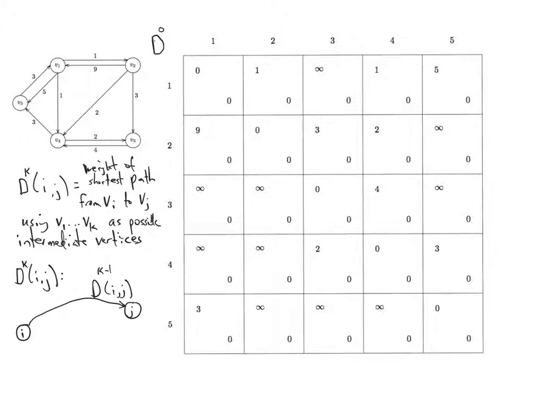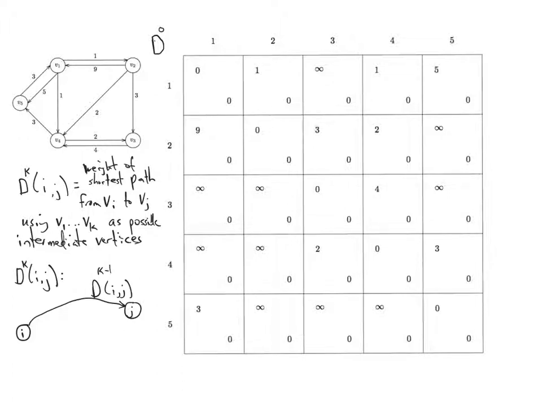And what if we're now, so one good way to get from i to j using vertices 1 through k as intermediate vertices would be to not use vertex k.